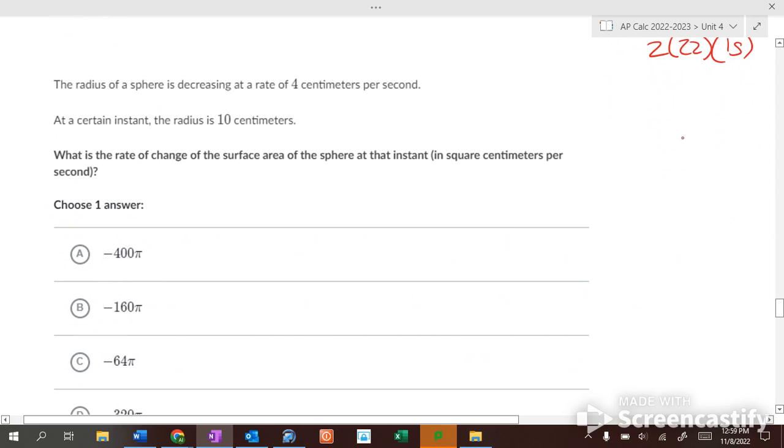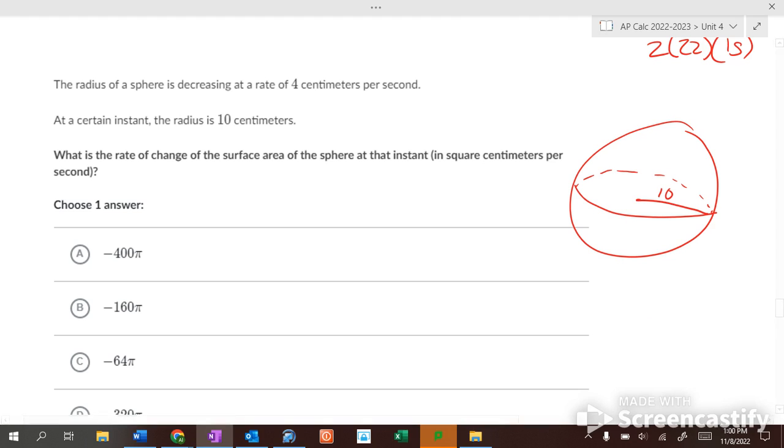The radius of a sphere. So you draw a sphere. The radius is decreasing at 4 centimeters per second. At a certain instant, it's 10 centimeters. Okay? What is the rate of change of the surface area? All right, surface area equals 4 pi r squared.